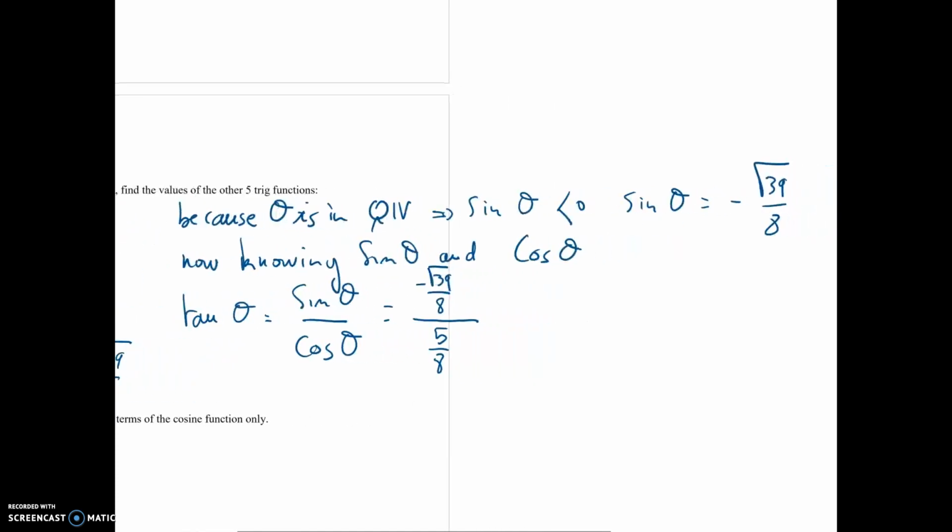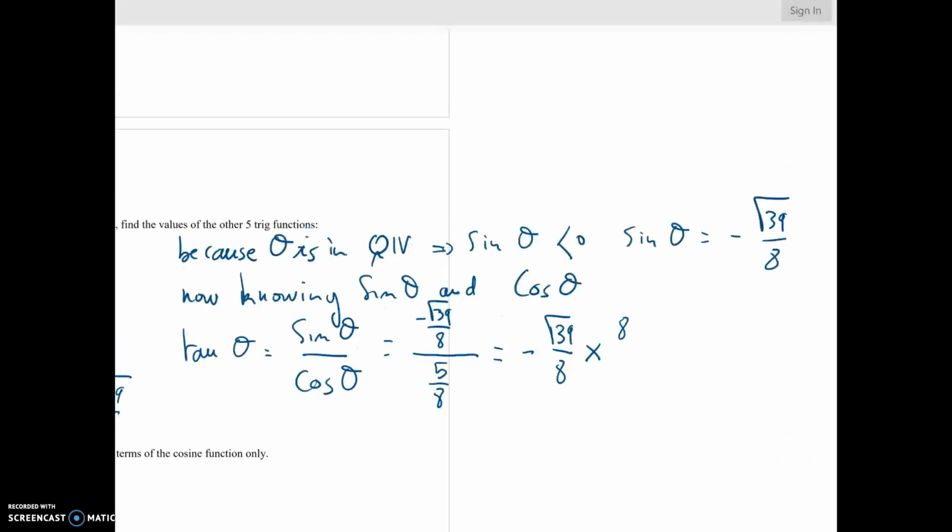I convert a main fraction into a multiplication. Therefore, my numerator doesn't change. I convert the main fraction by multiplication, and therefore I need to flip my second fraction. The 8s divide out, and so the tangent of my angle is going to be negative square root of 39 divided by 5.